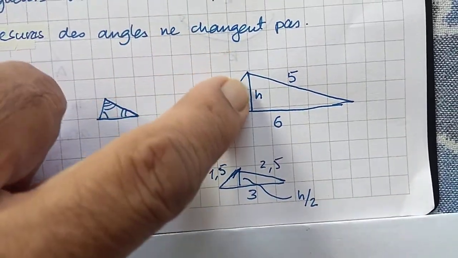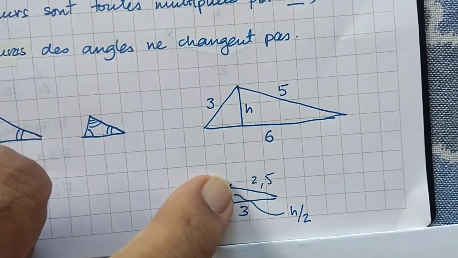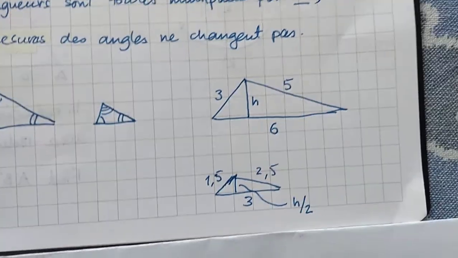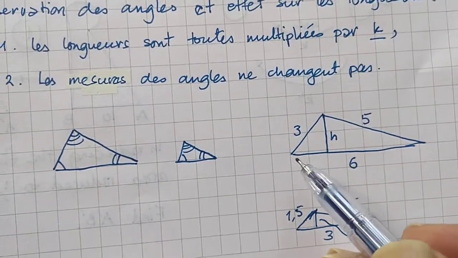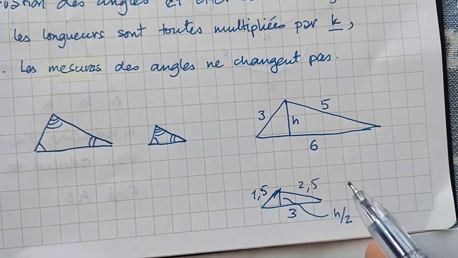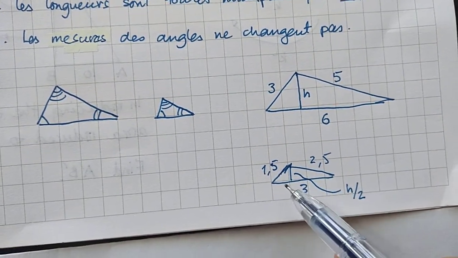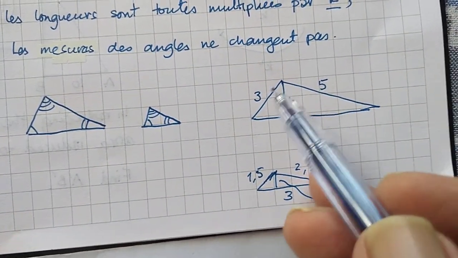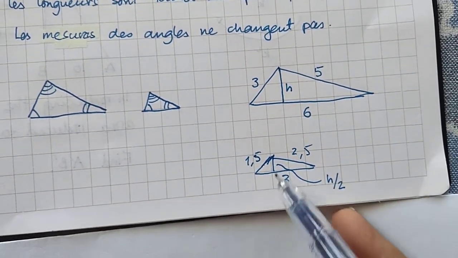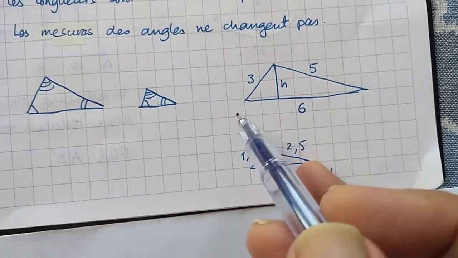And let's say if we had an hauteur there, H, that hauteur will also become half. If in this triangle I drew a médiatrice or bissectrice, anything, and you measure the length of that, it would also become half. Every single measurement of distance in this triangle will become half, not only the sides, but anything you drew.